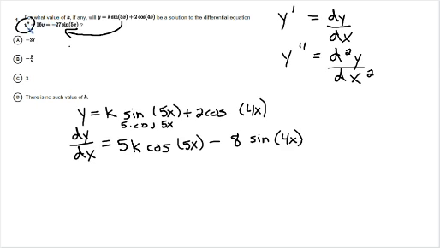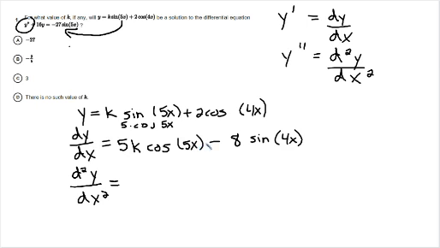But we're working with the second derivative, so we need to find the derivative of the derivative. So, the second derivative of this, following the same plan, the derivative of cosine is negative sine.